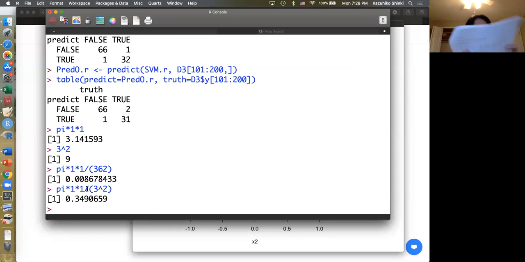So this is how the support vector machine works. It's pretty automatic. We don't have to do variable selection. Maybe you can, but you don't really have to.